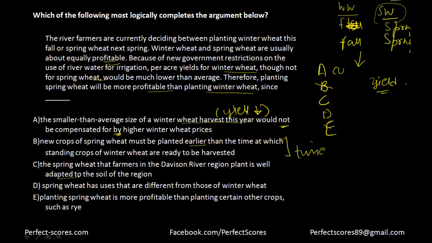Now we are not talking about how well adapted it is, so C is incorrect. D says spring wheat has uses that are different from those of winter wheat. Again, because of that we can't talk about profitability. And E says planting spring wheat is more profitable than planting certain other crops such as rye. Now we are not talking about other crops, that would be totally irrelevant.